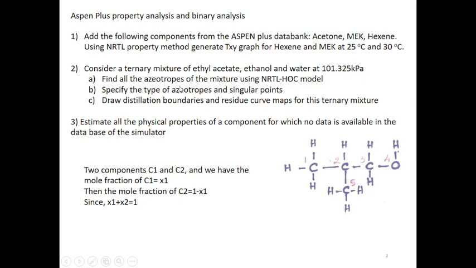We have to find all the azeotropes of the mixture using this property method in our TLHOC model. We are going to specify the type of azeotropes and the singular points that occur in this mixture. Next, we are going to draw the distillation boundaries and residue curves for this ternary mixture. So try to do this.